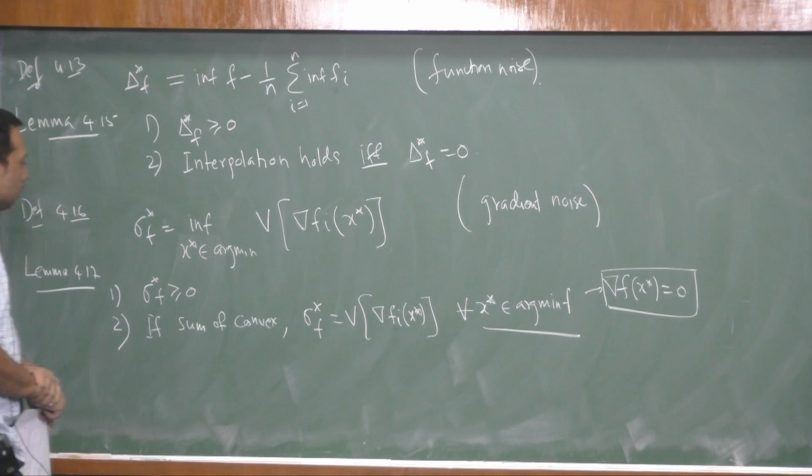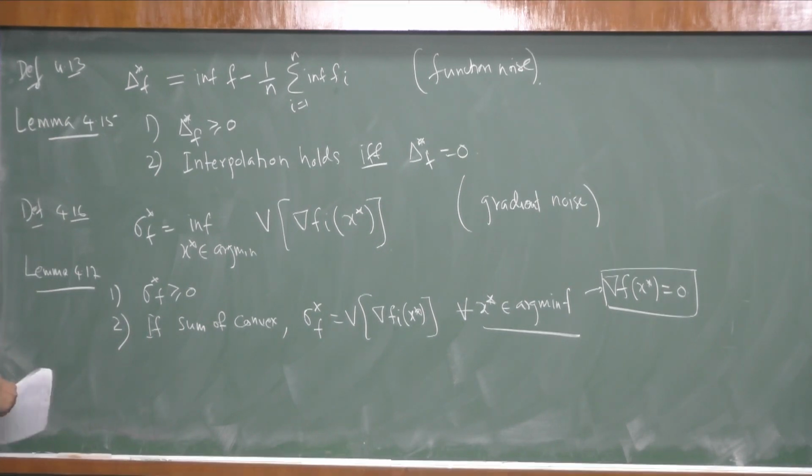It may not be 0. If it's 0, then it interpolates, as we have seen. So if interpolation holds, then sigma star f will be 0.